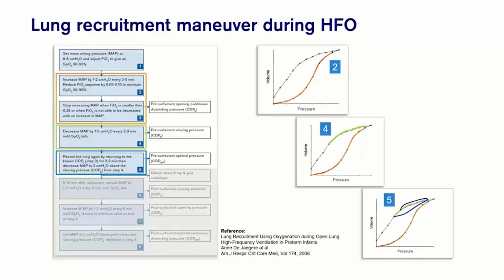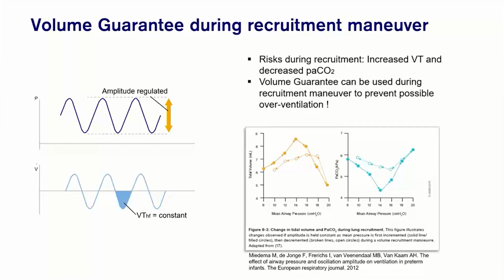However, why I'm explaining this is that if you do this kind of recruitment maneuver, as the lung is opening slowly, you would see immediately that your tidal volume also goes up. And with this increased tidal volume, which is visible here on the right side, your PaCO2 will also drop dramatically over a short time.